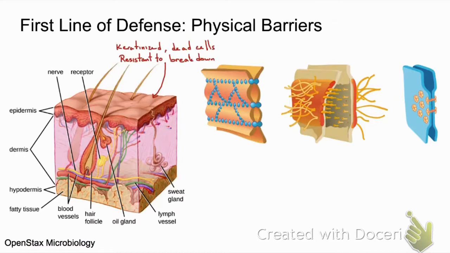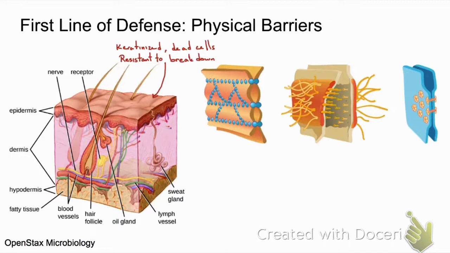It's important to note that on the top of this, we have keratinized dead cells that are resistant to breakdown. These are not going to be prone to degradation by bacteria. In addition, these keratinized cells are going to be shed from time to time, which is also going to mechanically remove bacteria with them.